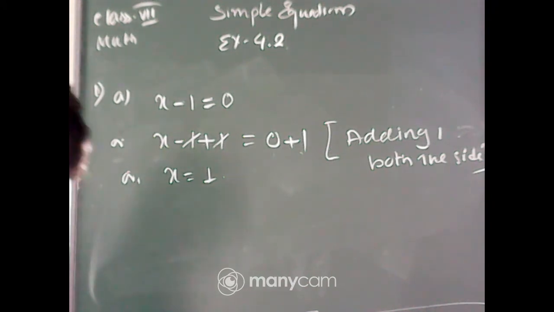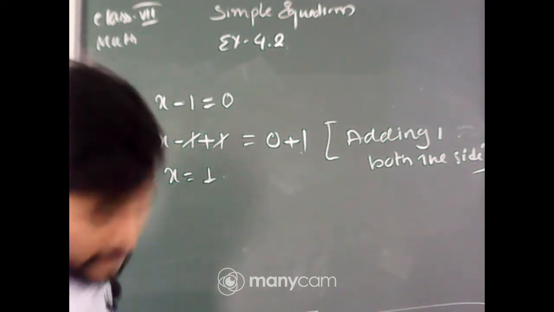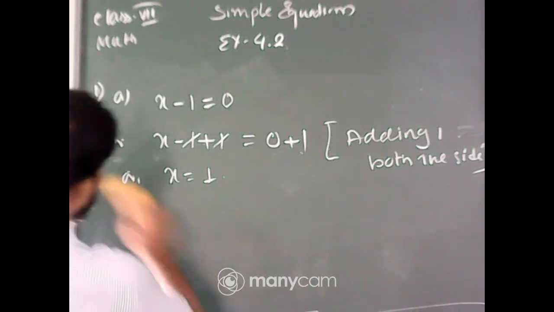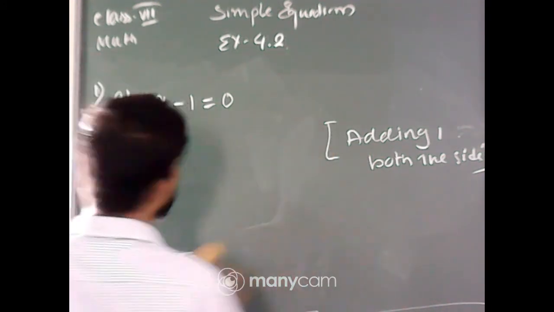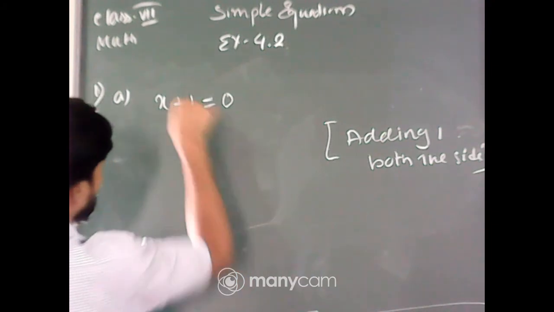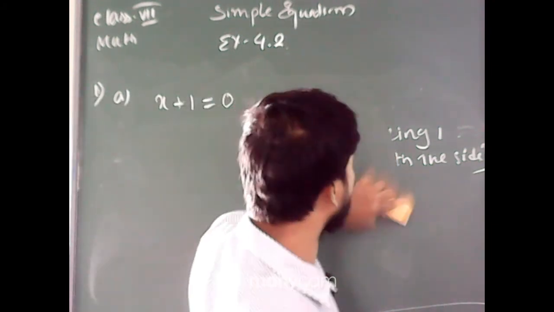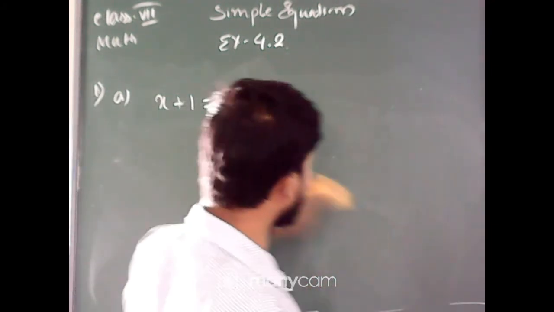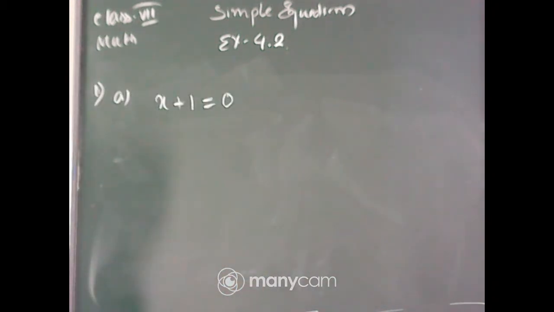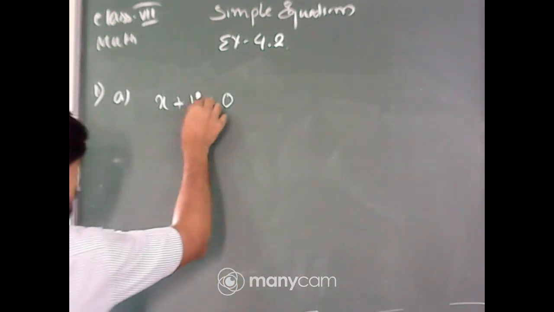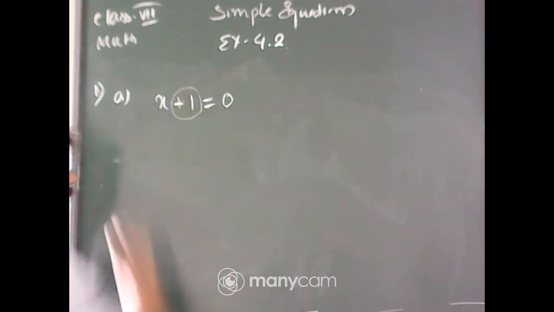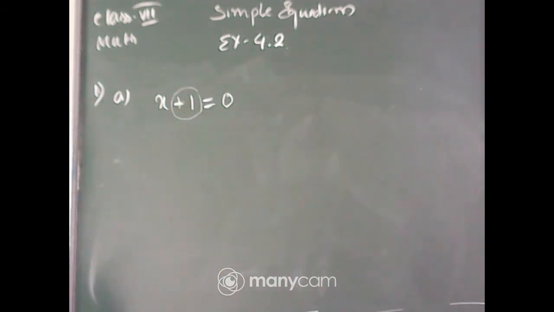Question number B. X plus 1 is equal to 0. Now we have to remove this plus 1. So what do we have to do? Yes, a lot of students are giving the right answer.